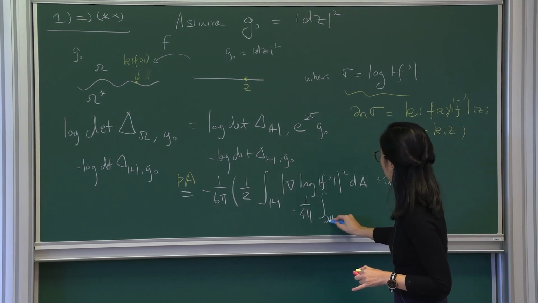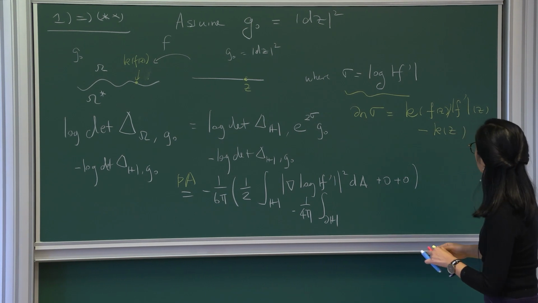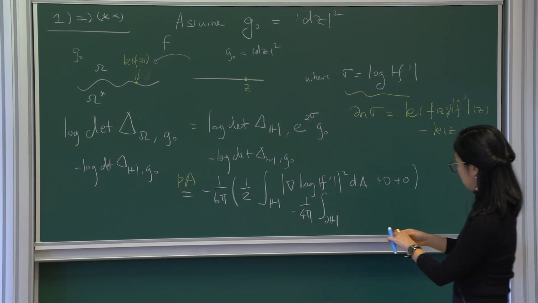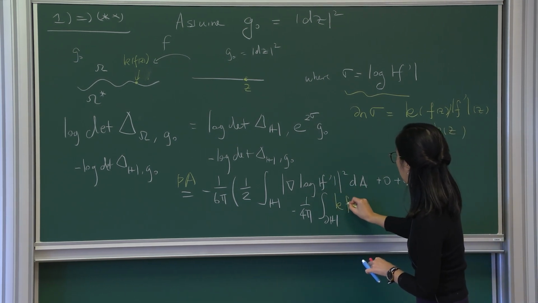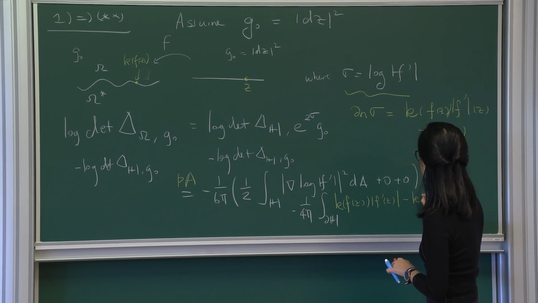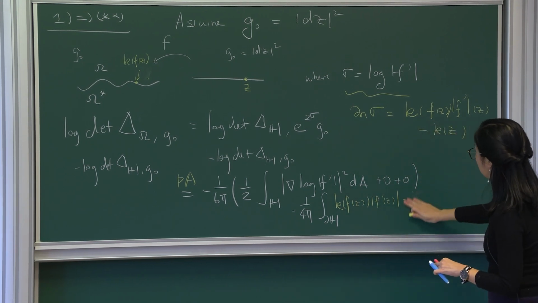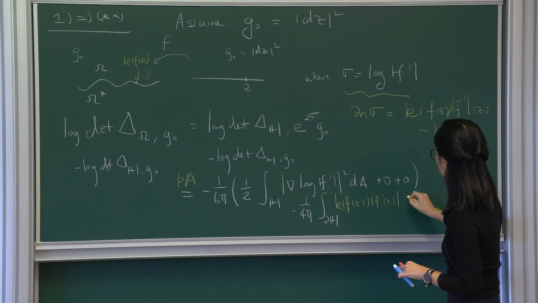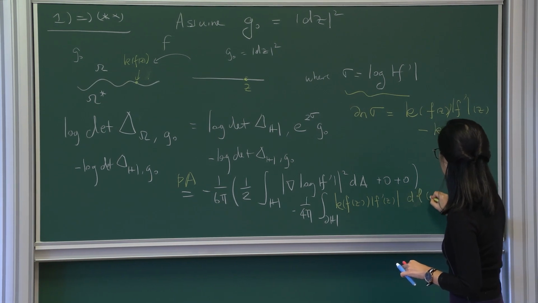Now the boundary of h, you have k of f z minus, so this one is 0, so I can just leave it, length.